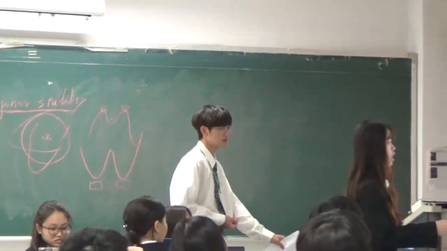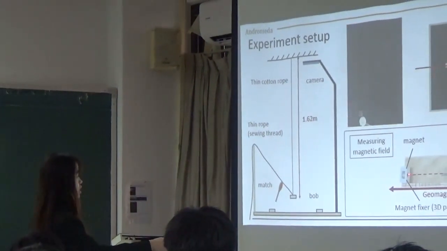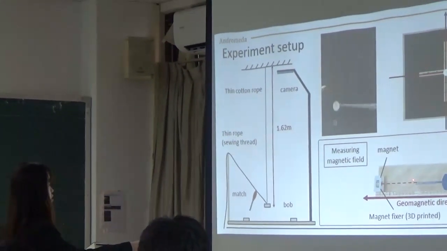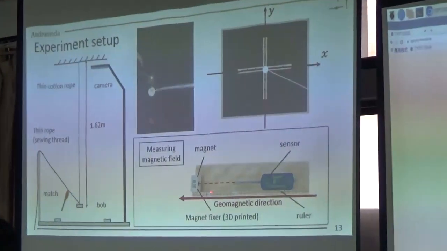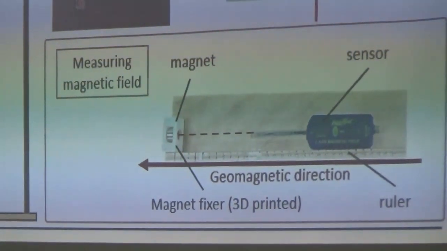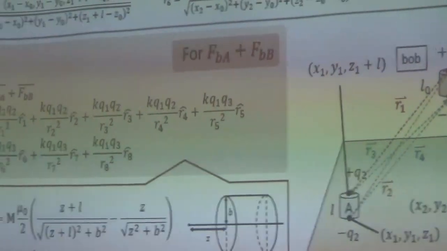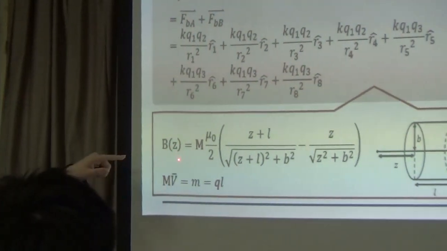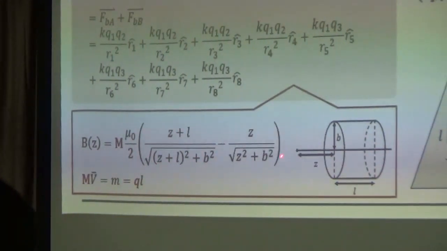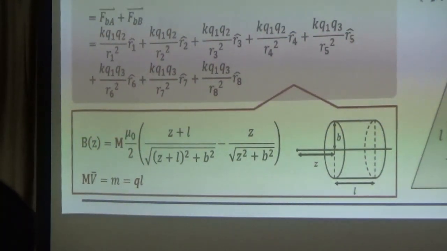Okay. I put the magnet here, and this is a magnetic sensor. Yes. Okay, so we know the distance here, right? Yes. And we also get the number that is measured by the sensor. So from here, this is the magnetic field, and these are all the numbers that we can get.